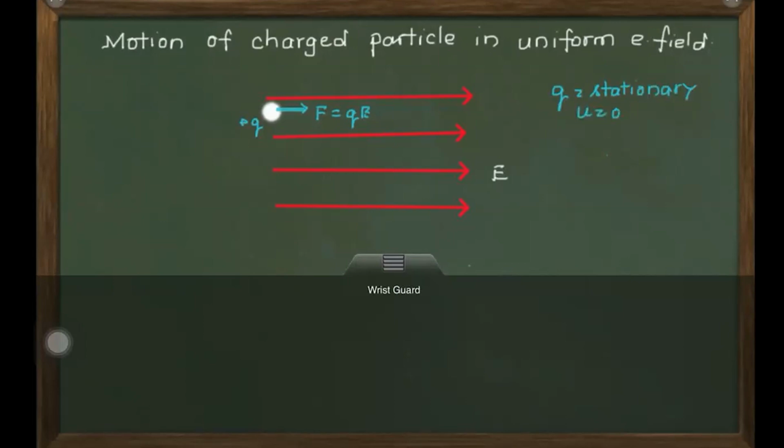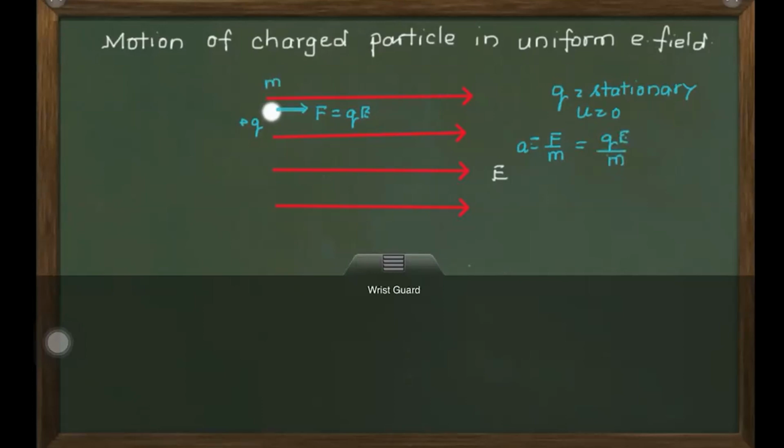If U is 0 and there is a force F acting on the charge, we can calculate the acceleration. A is equal to F upon M, that is QE upon M, where M is the mass of this body.